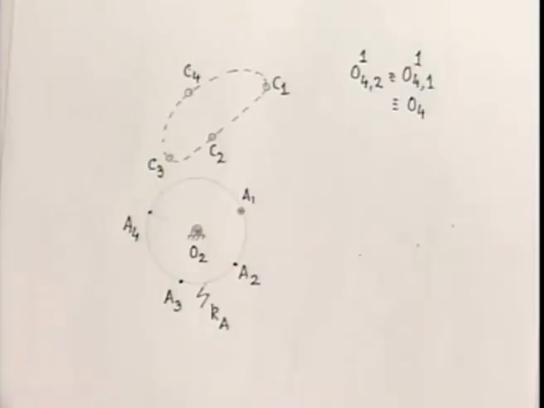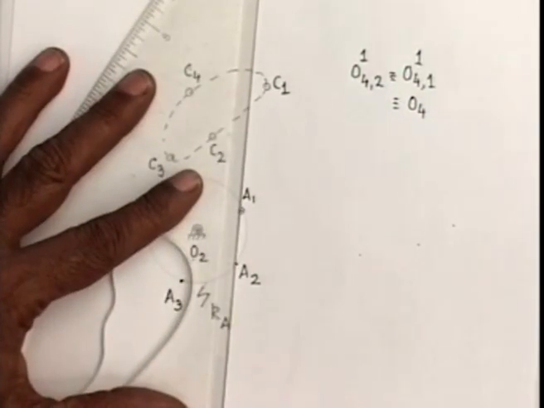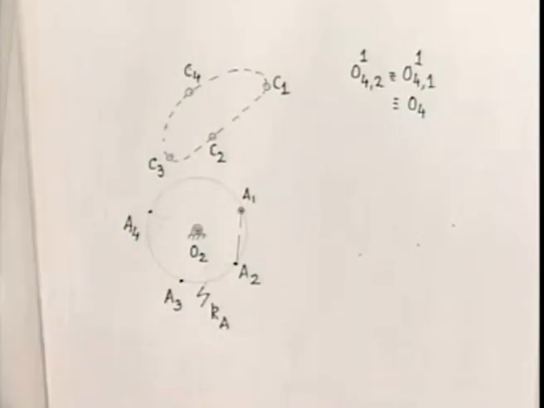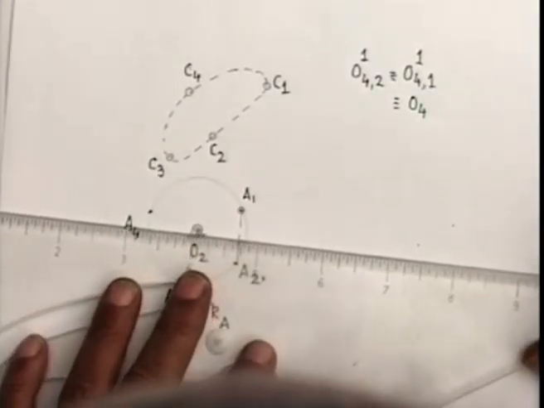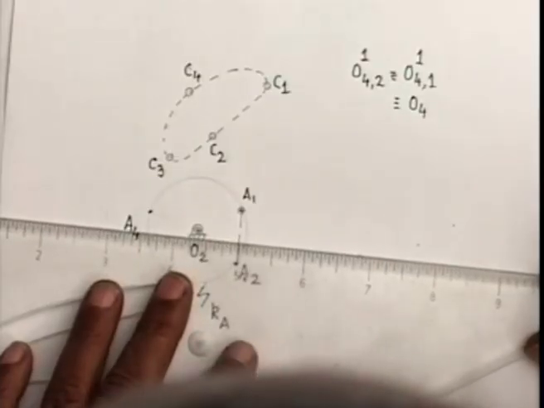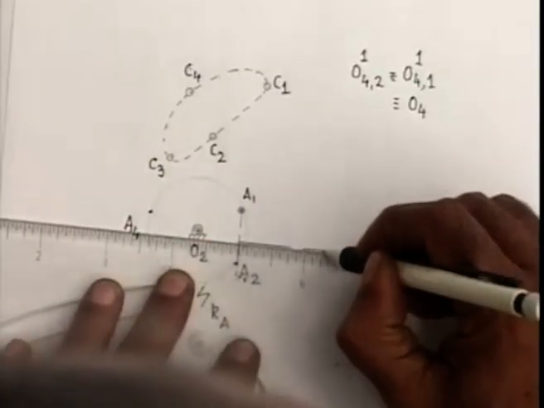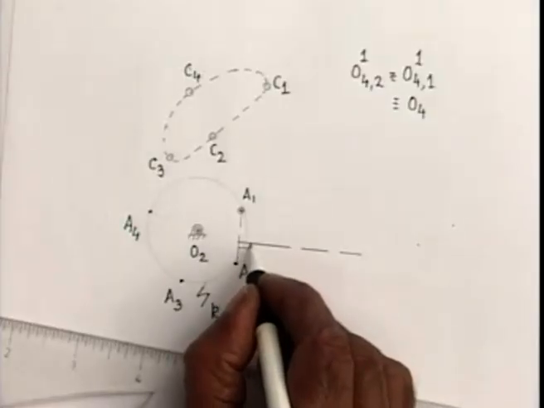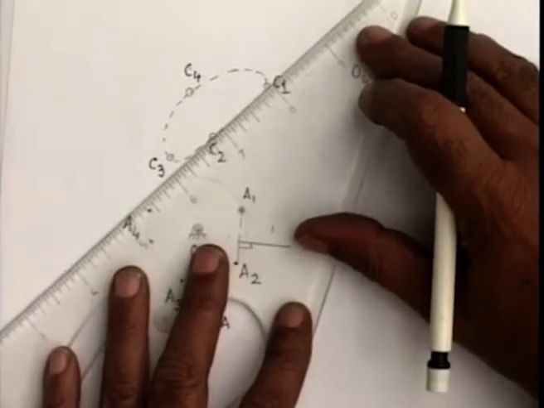Towards that end, as we know, what we have to do, we take the mid-normal of A1, A2. I draw the perpendicular bisector of A1, A2. This is the perpendicular bisector, and I draw the perpendicular bisector of C1, C2.